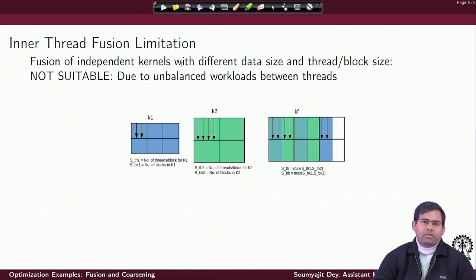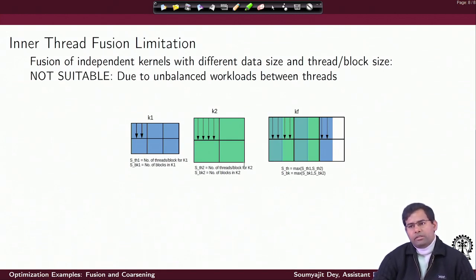But if we have differences in number of blocks as well as threads per block, there may be significant absence of balance in the workloads in the fused version, and if we bring in the added complication of dependency among kernels, it would require more primitives, which would complicate things even further.